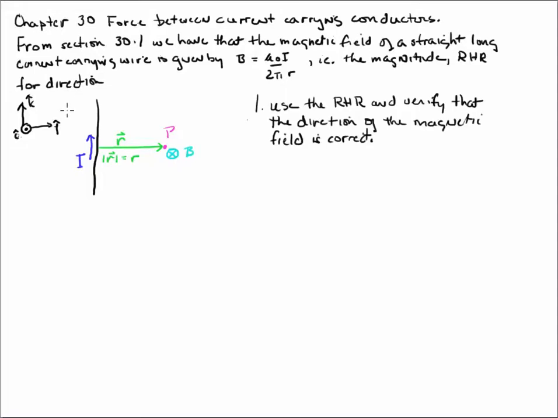Now use the right-hand rule and verify that the direction of the magnetic field is correct. Pause the video. What is the magnitude of B at that particular point, P?